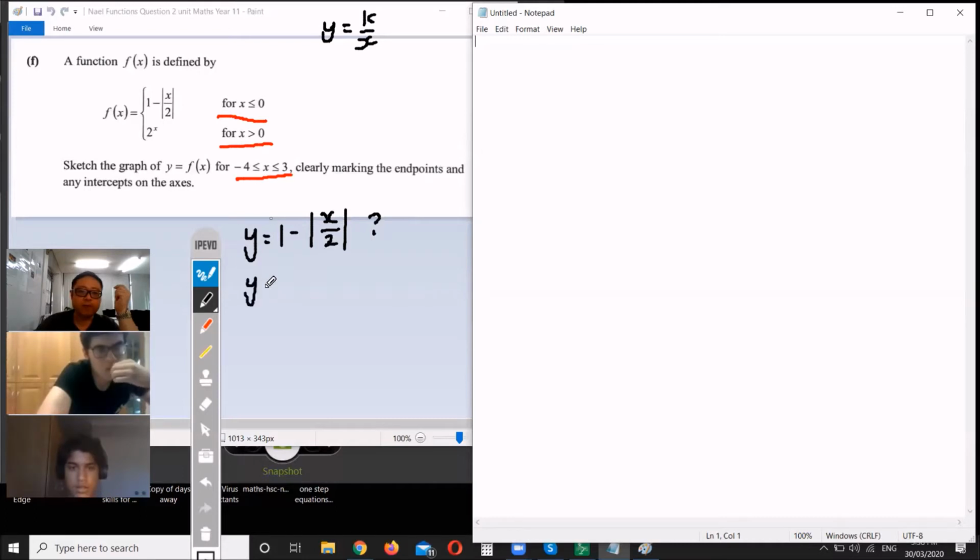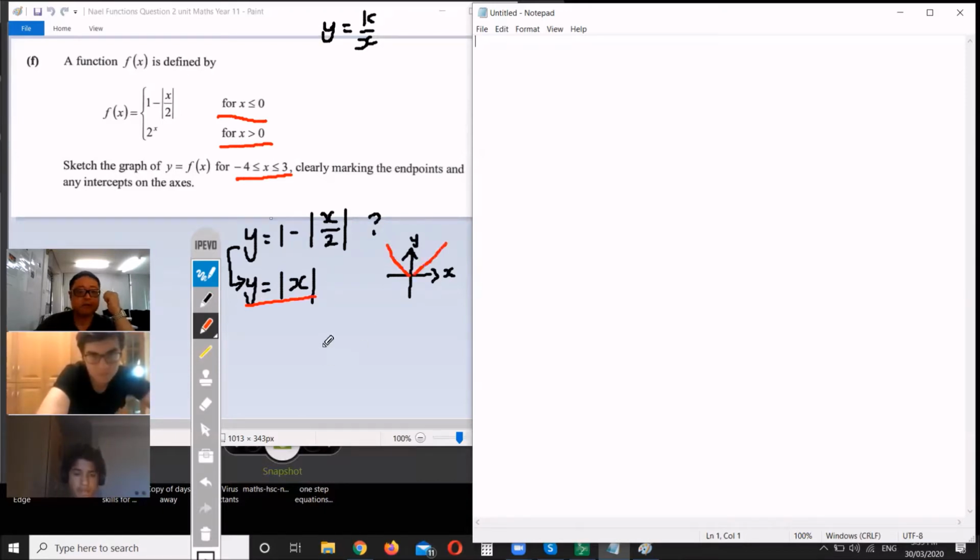How would we graph y equals the absolute value of x? It's always going to be positive. It's like a v. Yes, it looks like a v.